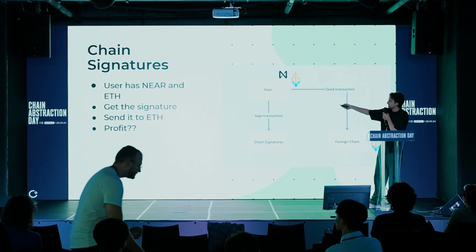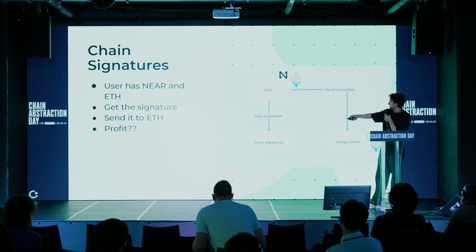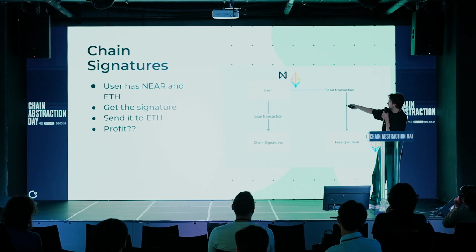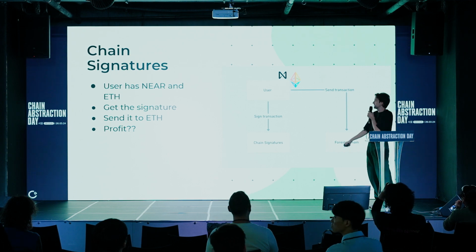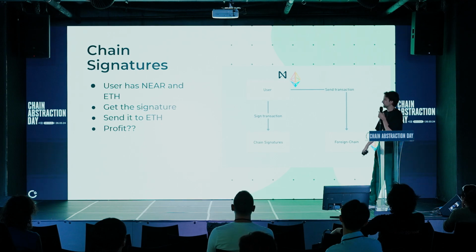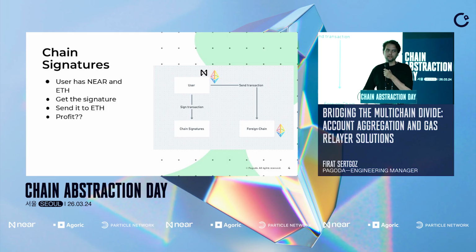They send a payload to chain signatures, which signs this transaction and sends it back, and then the user through their wallet can send their transaction to the foreign chain. Let's say for now it's ETH. In this case they have NEAR and ETH on this chain abstraction account, so they can immediately send it, and everything goes well. The transaction gets in, profit, we're happy.